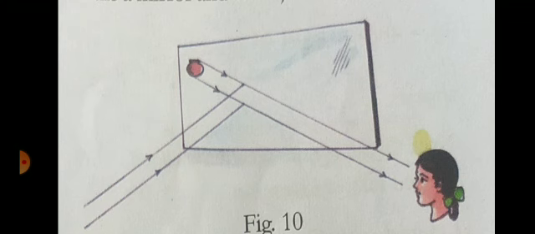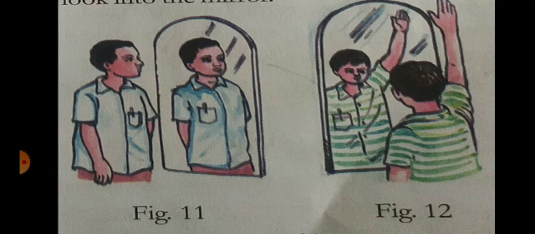So children, now let us see how you can find a difference between you and your image in the mirror. If you stand in front of your mirror as you are seeing here in figure 11, observe on which side of you the pocket on your shirt appears when you look into the mirror.